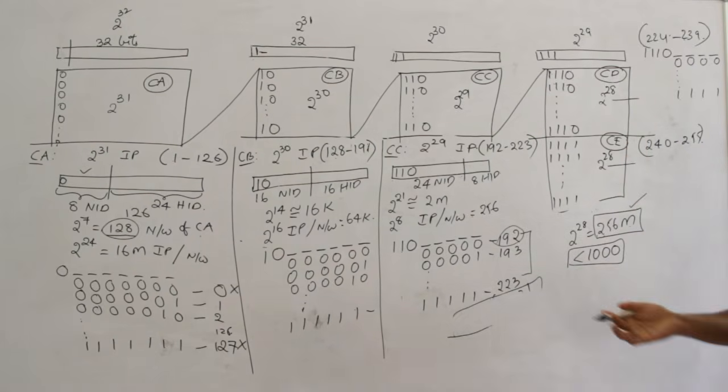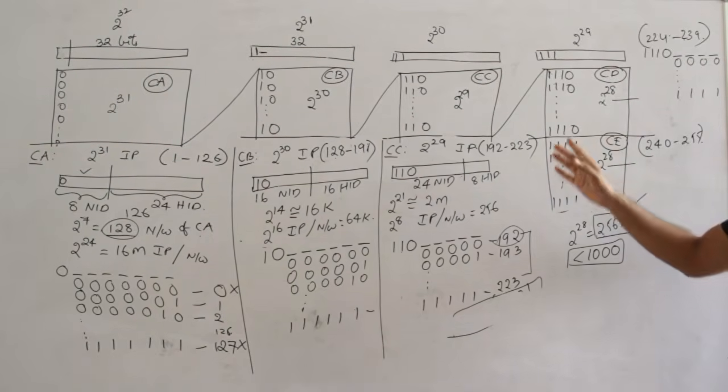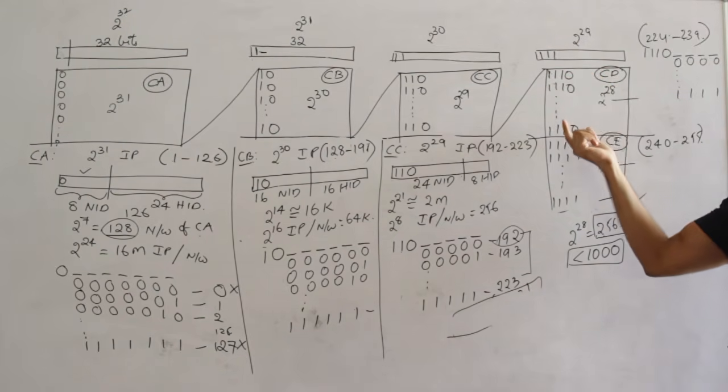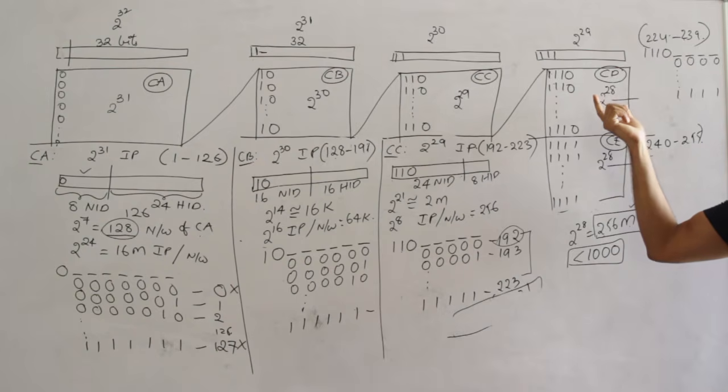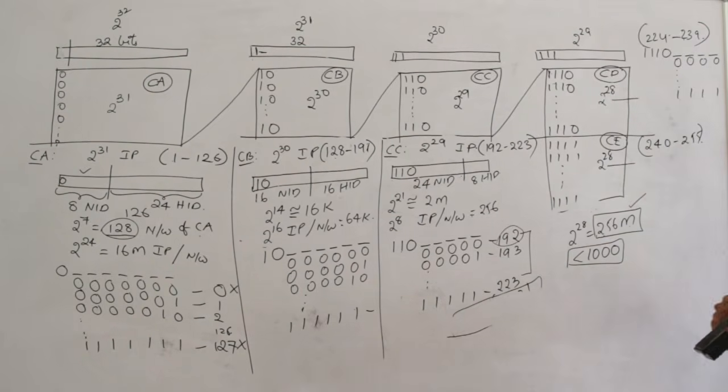That is why this class D is a disadvantage, right? And even class E, we don't know anything about class E, and they say that it is for special purposes. And class D is completely wasted because we don't have these many groups. It is used for multicasting, which is for group emailing or group broadcasting. But we have only 1000 groups, even though we have reserved 256 million.